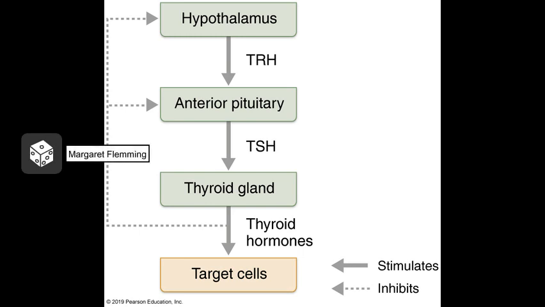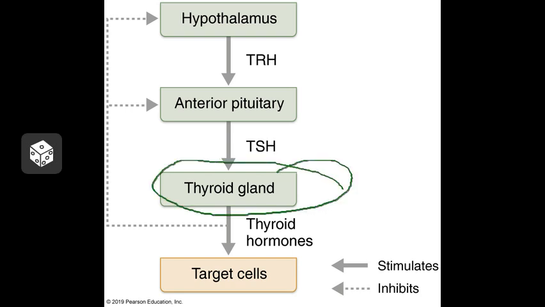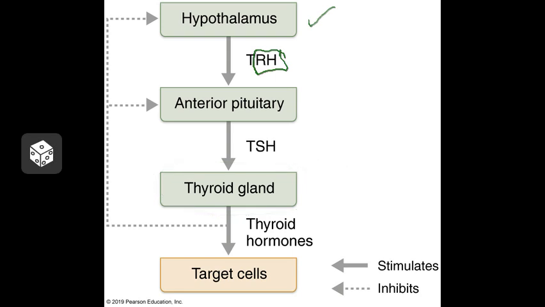Now here I just want to set you up with a fairly standard pathway or mechanism that we are going to take a look at, not just with the thyroid gland, but with several others. So what we will see is that the hypothalamus secretes a regulatory hormone. In this pathway, we're looking at thyroid-releasing hormone.